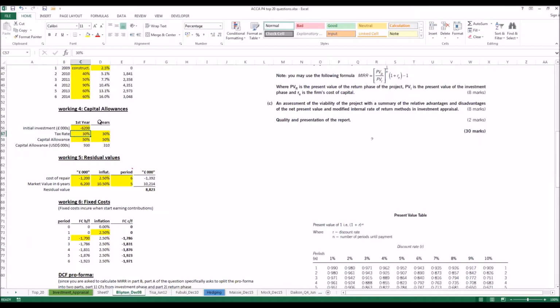So we effectively have two calculations. In year one, tax saving is 930,000. And then in years 2, 3, and 4, tax saving is 310,000.